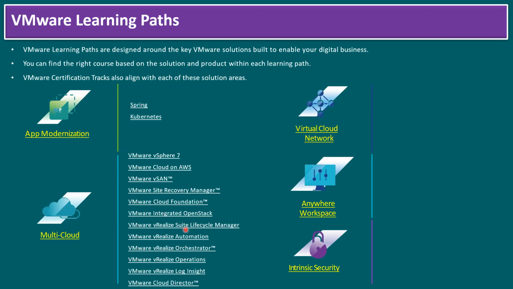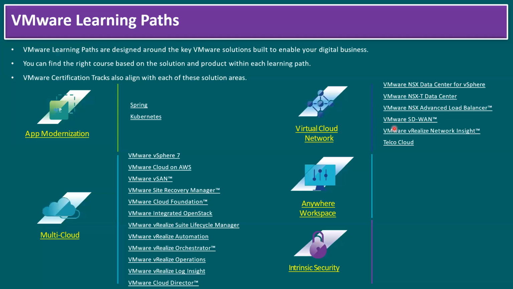And we have the VMware vRealize Suite. This vRealize word was recently changed to Aria. So Aria Suite Lifecycle Manager, Aria Automation, Aria Orchestrator, Aria Operations, and Aria Operations for Logs, VMware Cloud Director. These are all specific VMware product solutions.